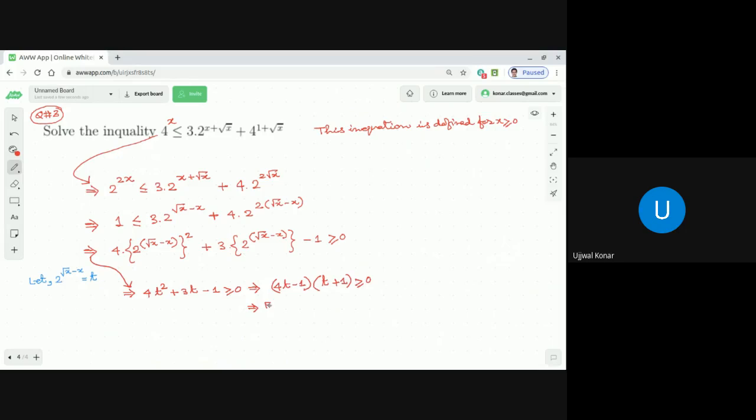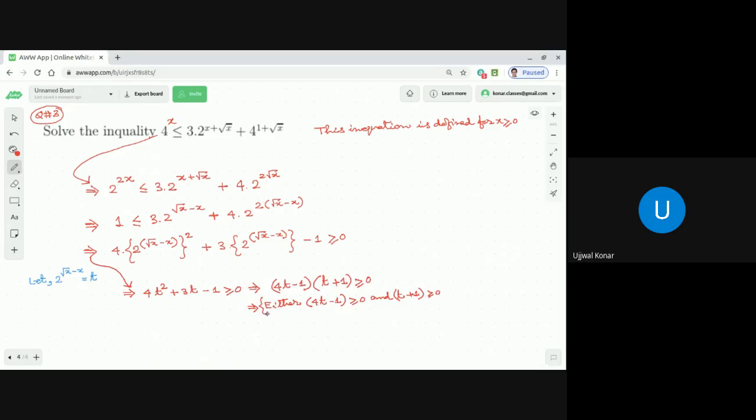So that implies what? Okay, let me write it down so that you will get it very clearly, because it will be a recap also. Either 4t minus 1 is greater than or equal to 0 and t plus 1 is greater than or equal to 0. Correct, no?